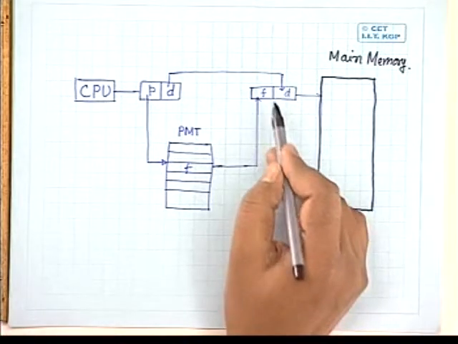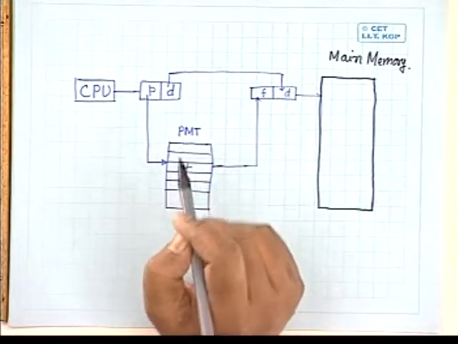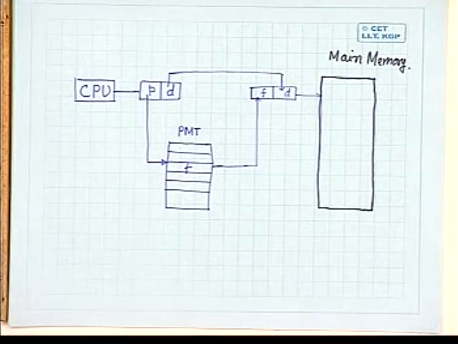Okay. So using this simple technique, you find that if the size of a job is 100 kilobytes, I don't need that 100 kilobytes of main memory should be available contiguously to load that job. Whereas if the page size that I use is 10 kilobytes, then what I need is 10 free frames, wherever they are available.